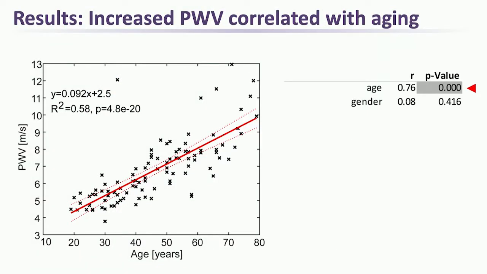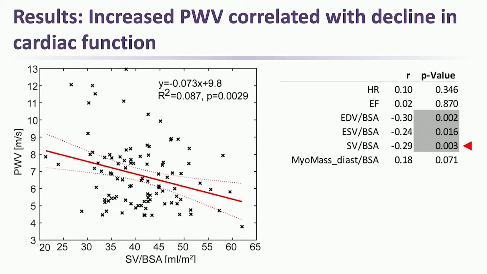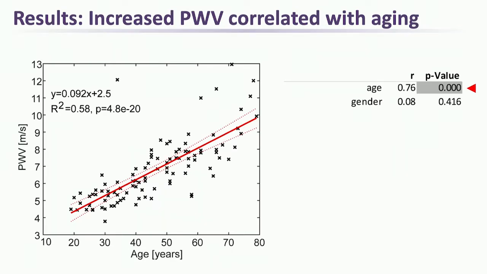Looking at the entire cohort, increased pulse wave velocity did correlate with age, as expected. And we're seeing a strong correlation with coefficient of 0.76. That's indicated over there with the red arrow. Let me go back for a second. So I actually didn't see a relationship with gender.